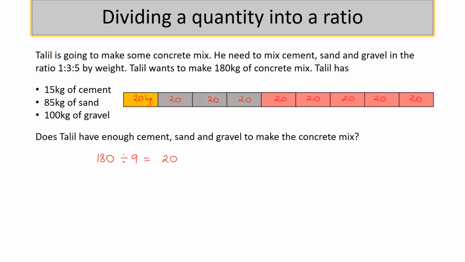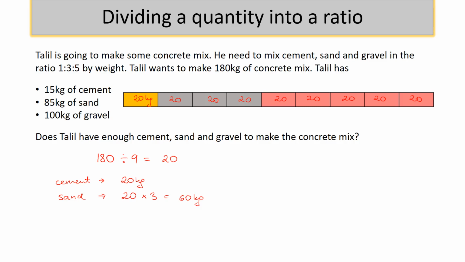So when it comes to cement, he will need 20 kilograms. When it comes to sand, there are 3 parts and each one of them is worth 20, so that is 60 kilograms. He has 85 kilograms of sand, so that means he does have enough.